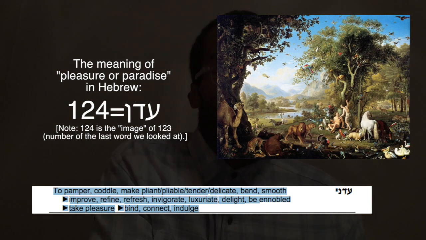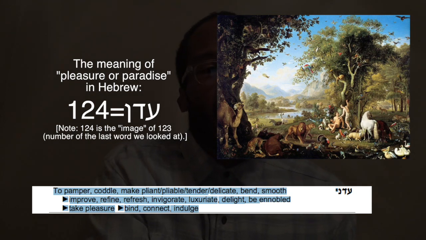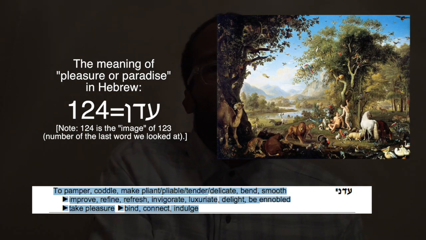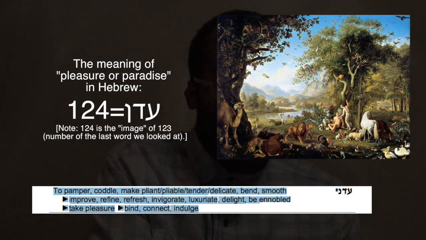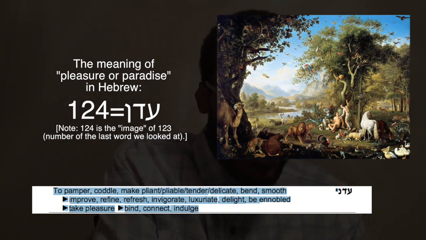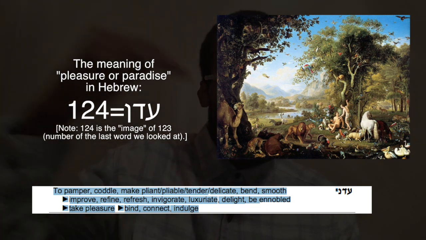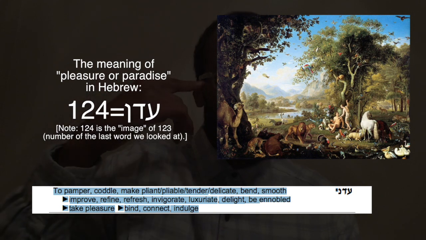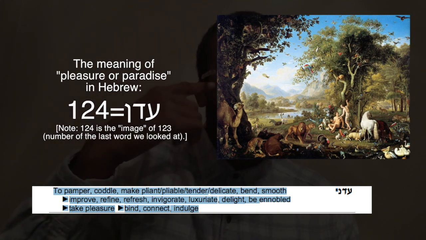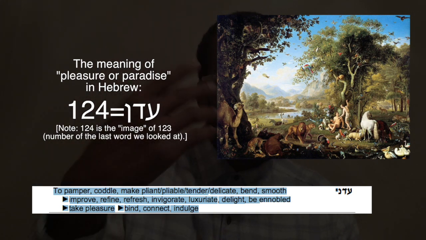All right. Now, Aden, which is the last term in the word Gan Eden, Garden of Eden, equals 124, which is one number after 123. So one number after a number usually represents the vision of something. What is it? What does it look like? What is it represented as?